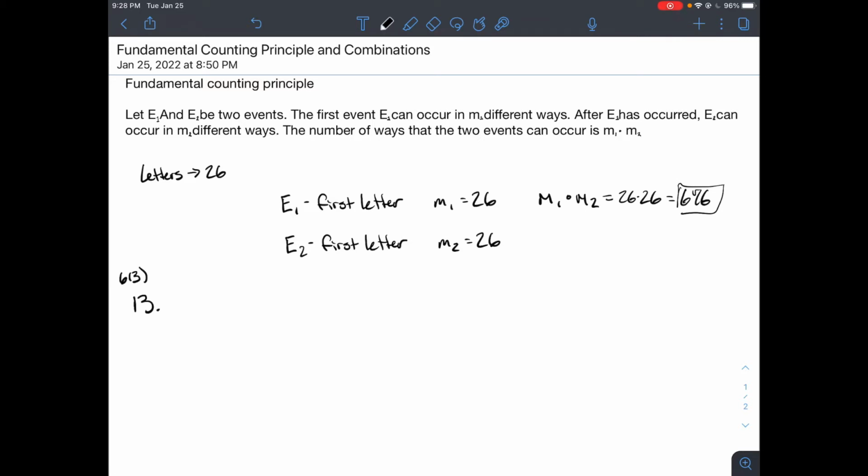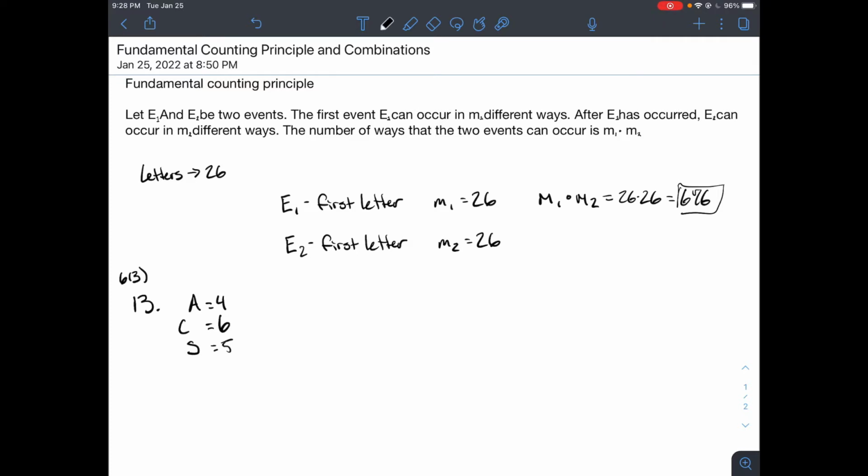So it says a customer can choose one of 4 amplifiers. So I'm going to say A is 4. There are 6 CD players. So I'm just going to write C is 6, and speakers are 5. There are 5 speaker models for an entertainment system.